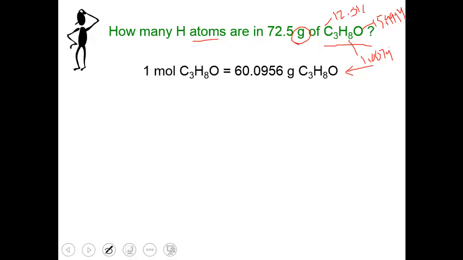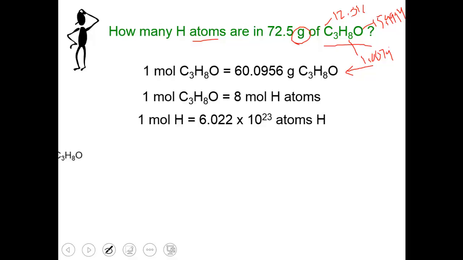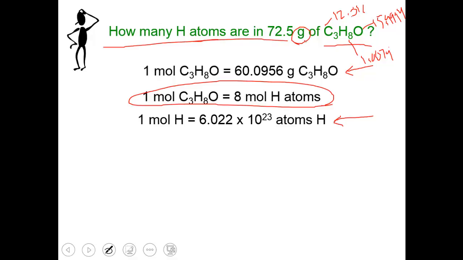Now, I will need to use Avogadro's number. And that's the next guy here. So this is how many atoms of hydrogen are in 1 mole of hydrogen. But this one right here may not be a conversion factor that is obviously sitting in this question.